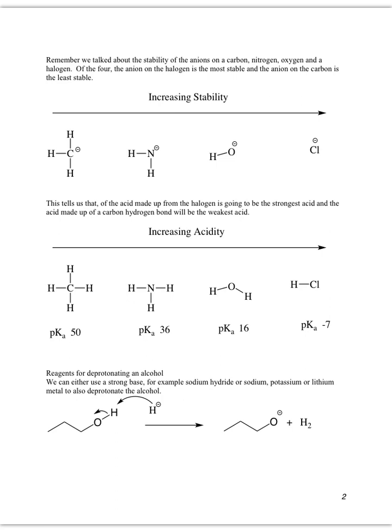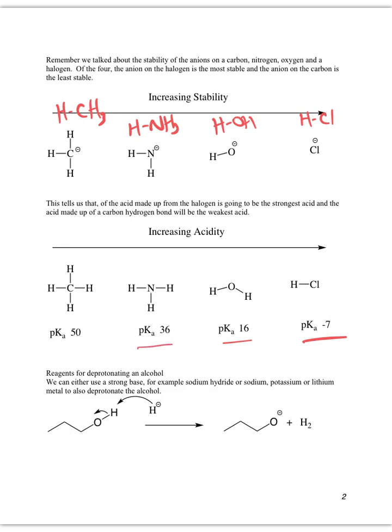So from the periodic table, remember we talked about in the very beginning the acids. HCl, we remember, was a strong acid. It has a pK of -7. Water is roughly 20 units higher, 16.